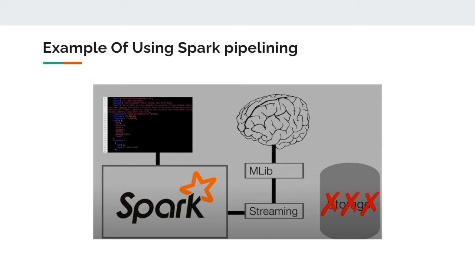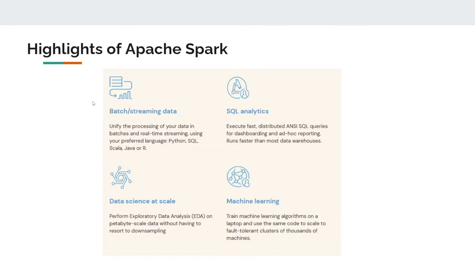In doing so, this would skip out storing it in between. And as you must know in computer science, one of the most expensive and time-consuming things to do is to load and store data. So skipping this step cuts down on processing time and speeds up training in general. So that's just one example of how Spark could be used.